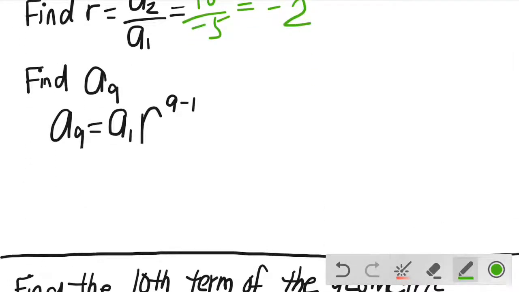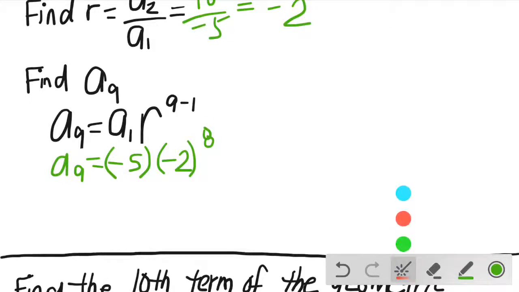To find the ninth term, I will simply replace my a sub n with a sub 9. I am looking for the ninth term, but I do know that the first term is -5, which I need to multiply by the common ratio, -2, raised to a power of 8.